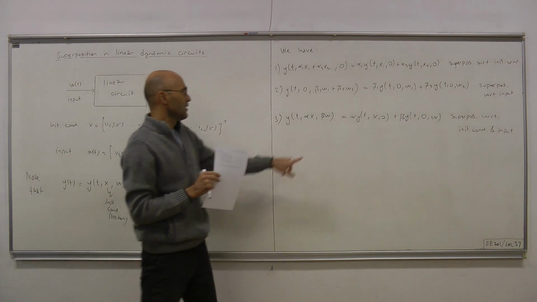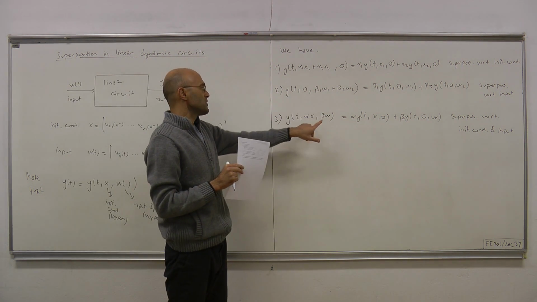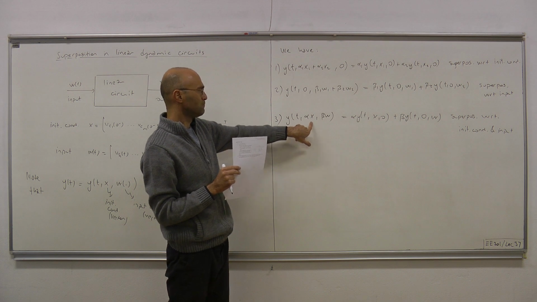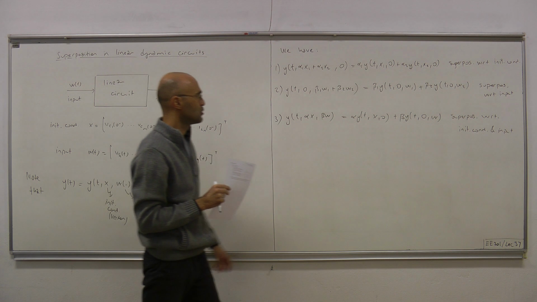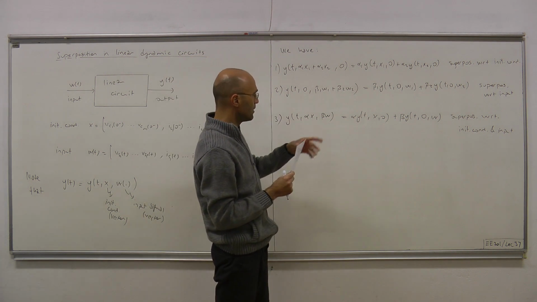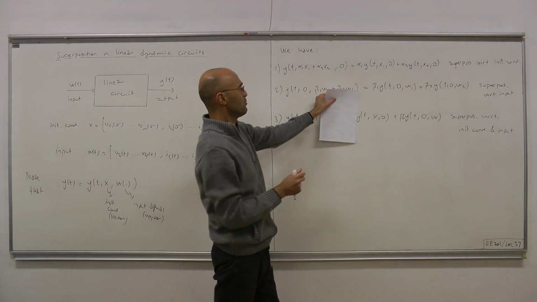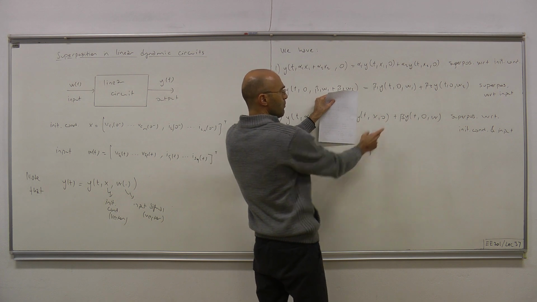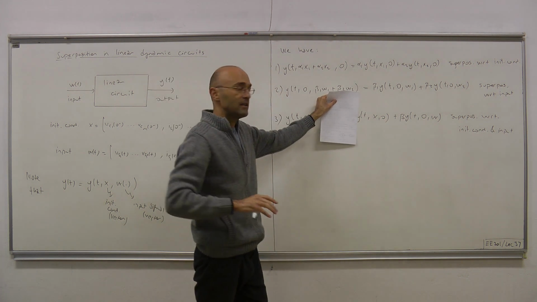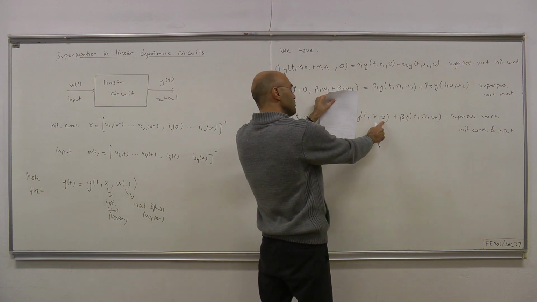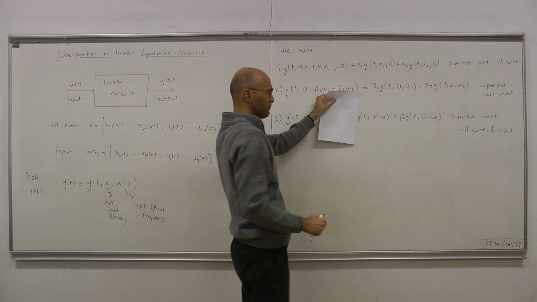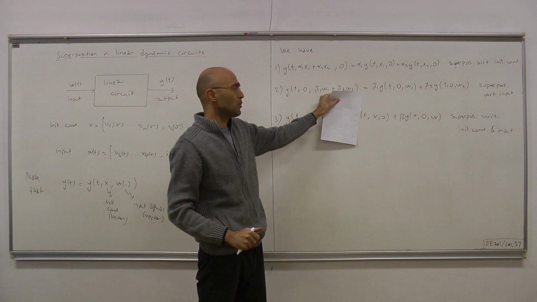And then this is a general case, in a sense, where both the initial conditions and the input are allowed to be non-zero. You perform an experiment by setting the inputs to zero, killing all the sources, and letting only the initial conditions drive the circuit.